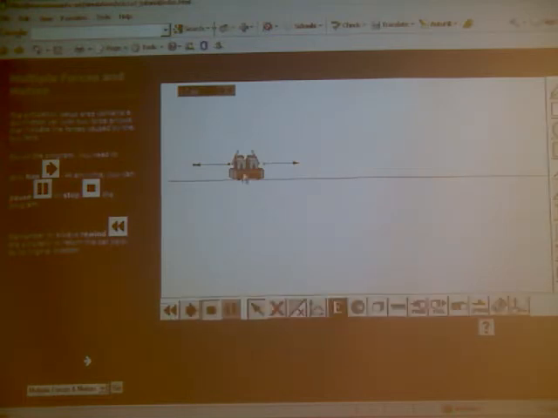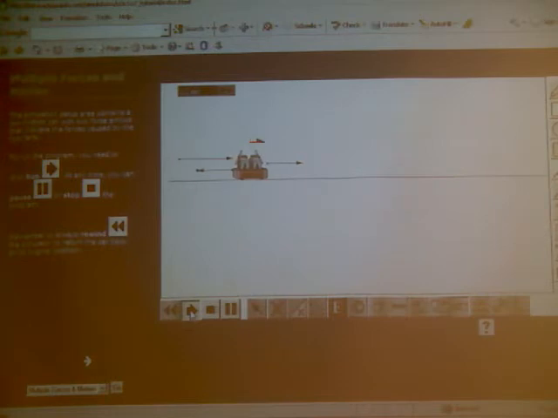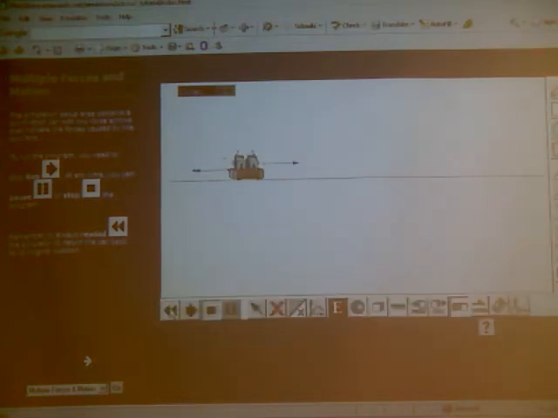But what about if I give this car a quick push? What would happen? Let's see. I'm going to give the car a quick push, and as you can see, it remains moving at a constant speed.